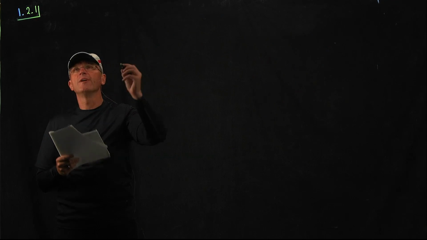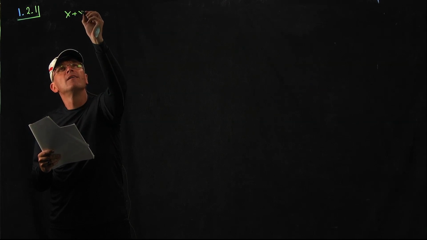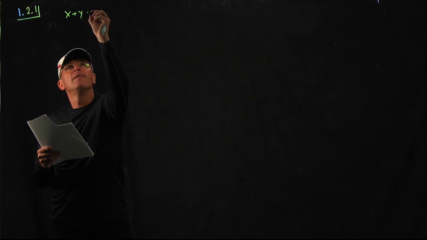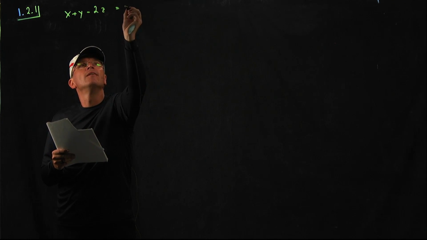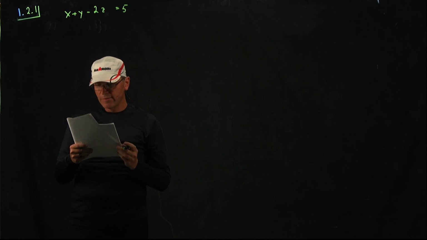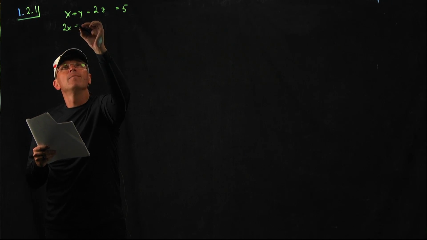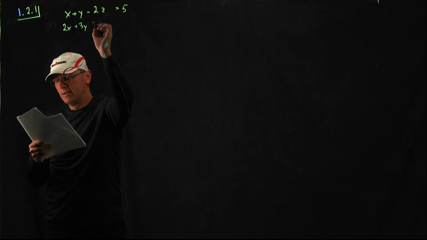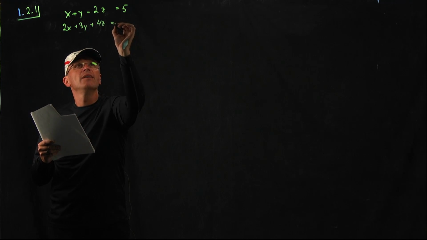So problem 1, we have x plus y minus 2z equals 5. We have 2x plus 3y plus 4z equals 2.